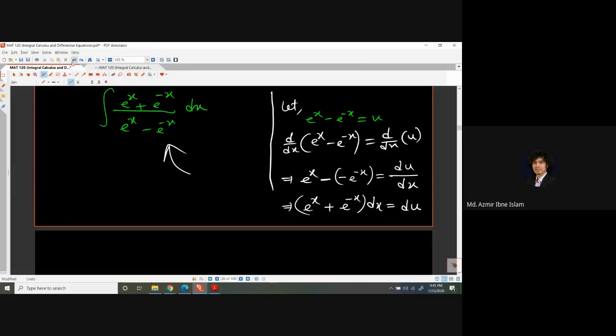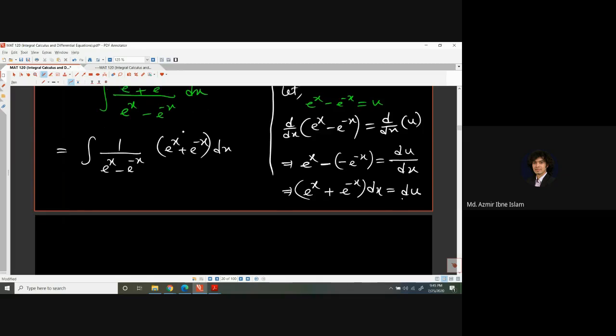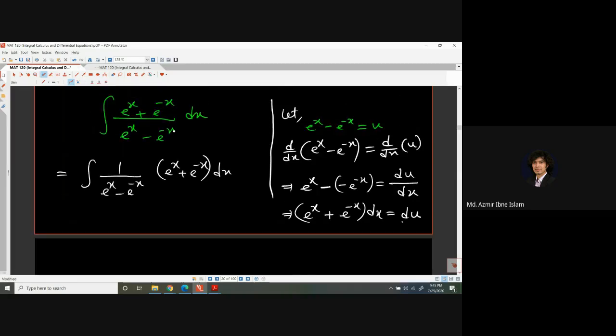So now you can see that if I write it in another way, the same function can be expressed as e to the power x negative e to the power negative x, and the upper part is e to the power x plus e to the power negative x dx. We can write it this way. So you can see this part is automatically here, so instead of this one we can just write du.